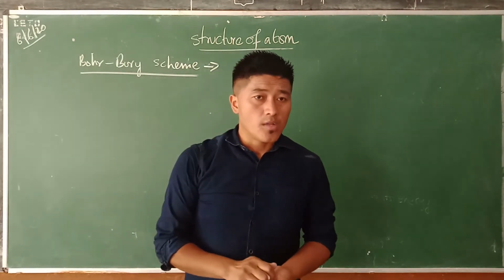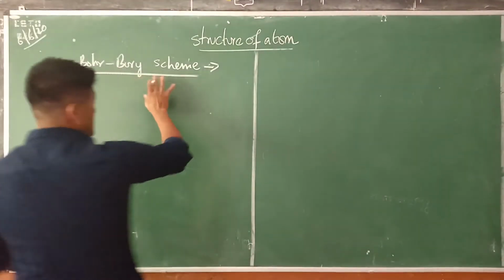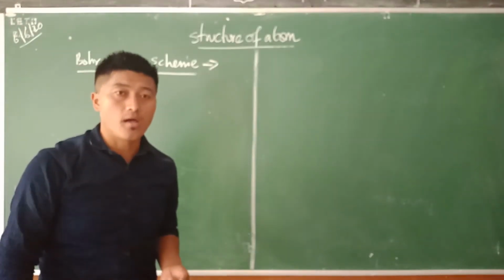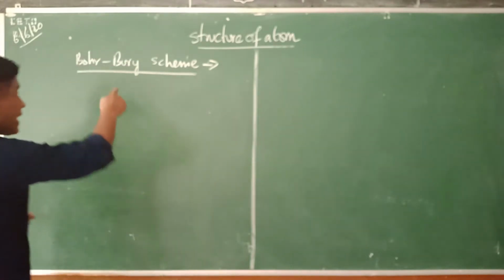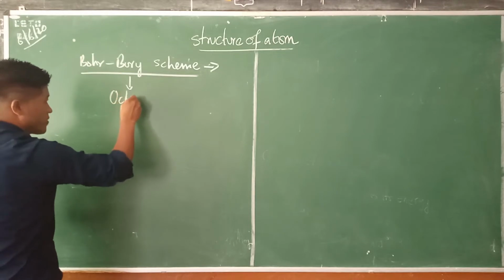Not only that, along with Bury, Bohr gave us the Bohr-Bury scheme, a very important concept about the electronic configuration which we use nowadays. This Bohr-Bury scheme is also referred to as the octet rule.